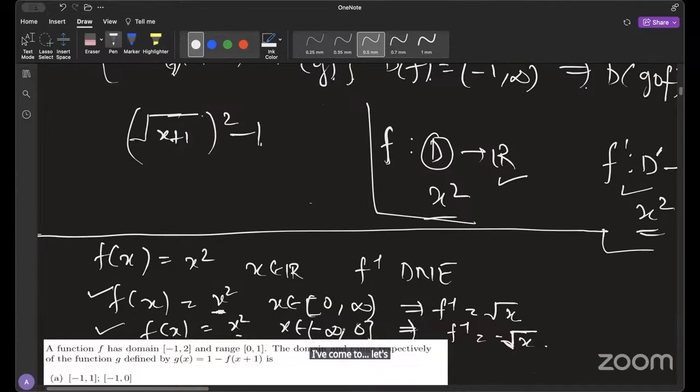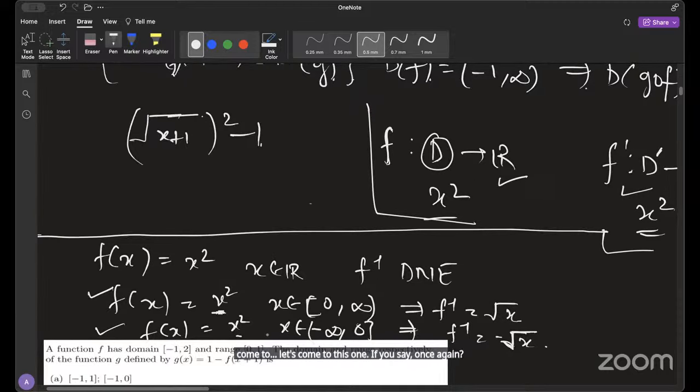Let's come to this one. If you ask what the range of this is, you can't actually go by that rule here, unless you are very sure that this is the inverse on this given domain, and the domain also is restricted, right?